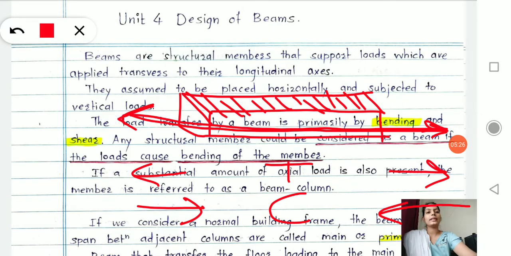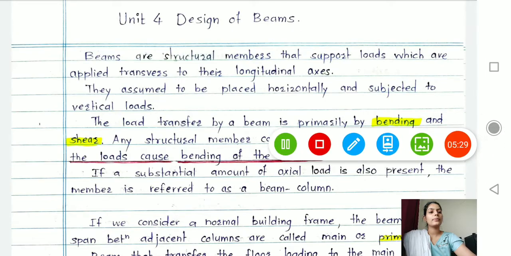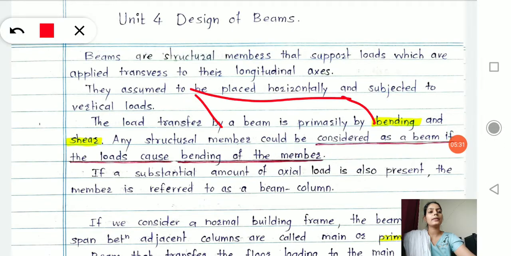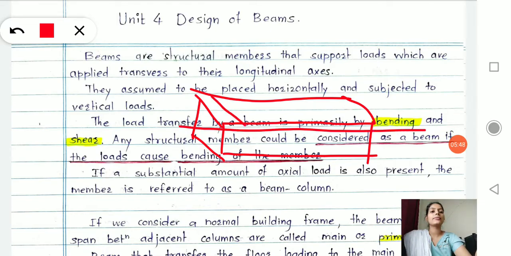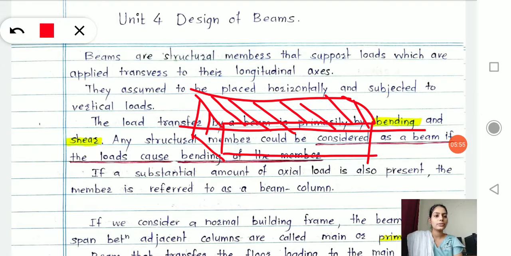Now the question is, why is a beam different and how does it differ from other members? In the beam, the loading is never applied along the axis, but it is applied on the perpendicular surface, perpendicular to the neutral axis or the central axis. What is the plane which is perpendicular to it?